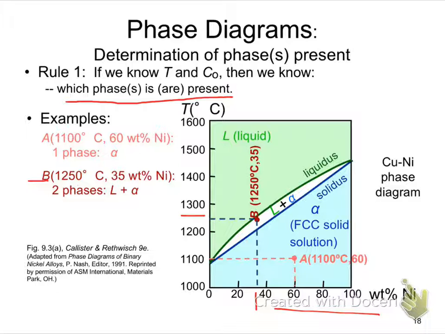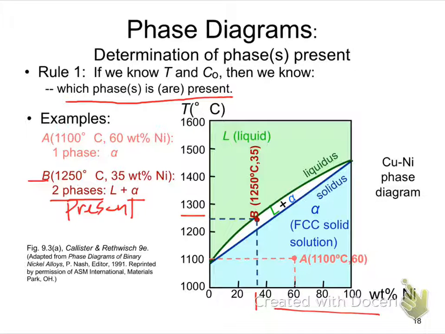And so we're going to have two phases present. Okay, and then for point A, because it plots down here in this phase field, we have only one phase, which is the solid alpha phase.